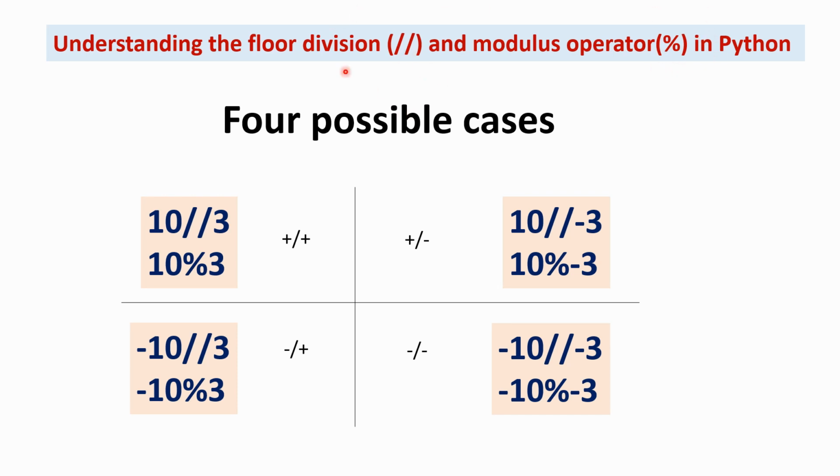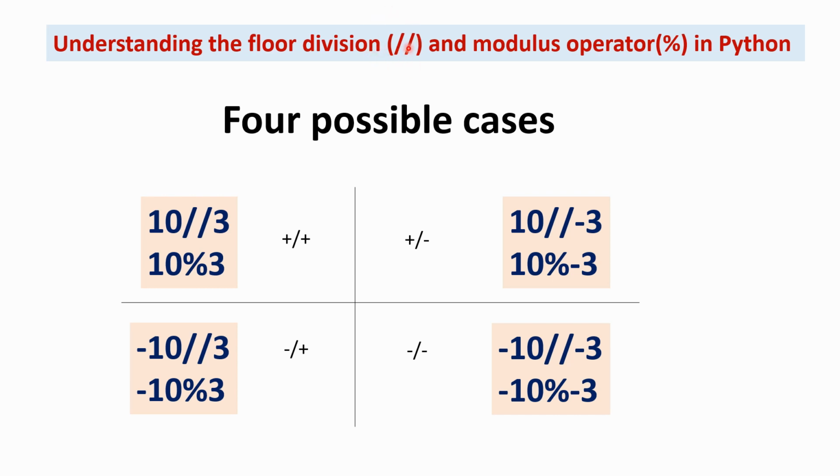Now the second way of looking into it is 10 float division 3, double divide 3. What do you get? 3.333. Now you need to identify the smallest integer which is closest to 3.333. The smallest integer which is closest to 3.333 is 3. So this will be your answer.